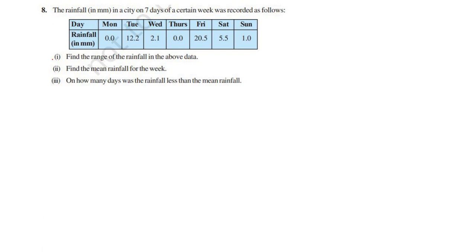First of all, we need to find the range of the rainfall in the above data, and we know the formula for range. Range is highest observation minus the lowest value of observation. So here among all these numbers, you can clearly see this number is the biggest, 20.5.